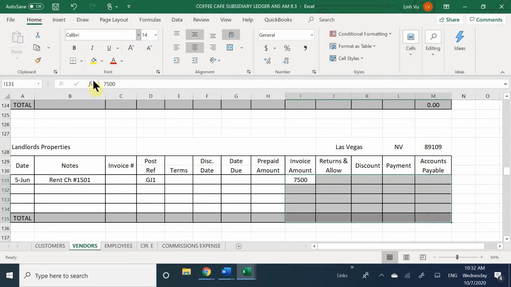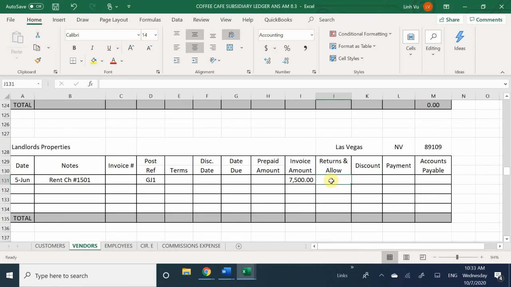Okay? That's how much my invoice was for, right? Because the person had me pay up front in advance, made a deposit, as well as included the actual rent expense for that time. So in this case, this is where I'm going to place my receipt that I did with this landlord's property. So in this case, my invoice amount is going to be for the full $7,500.